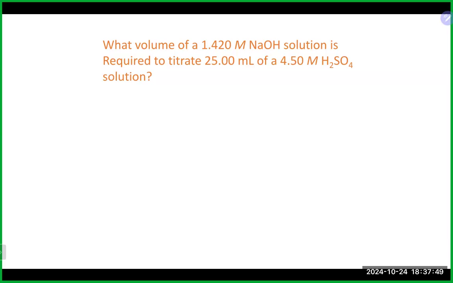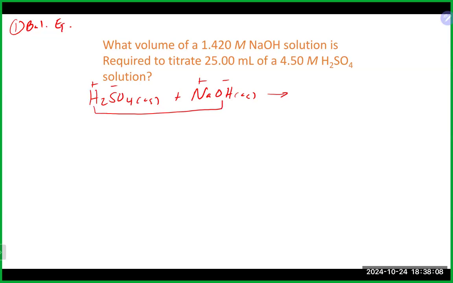So here we're going to do our 4 steps, which is we want to balance the equation. Again, here we're going to take all our sulfuric acid. We're going to react it with some sodium hydroxide. Again, this is an acid base and double displacement reaction. We're going to get our water from those two guys as they come together.